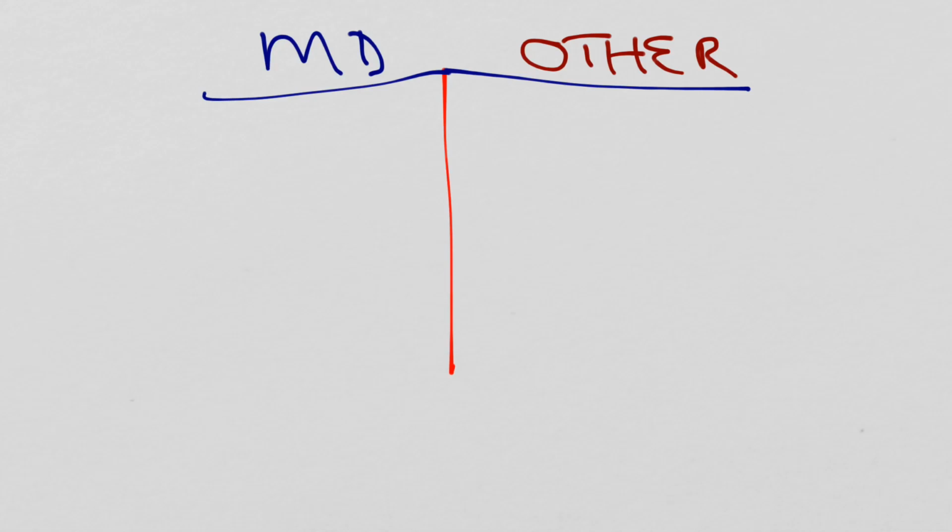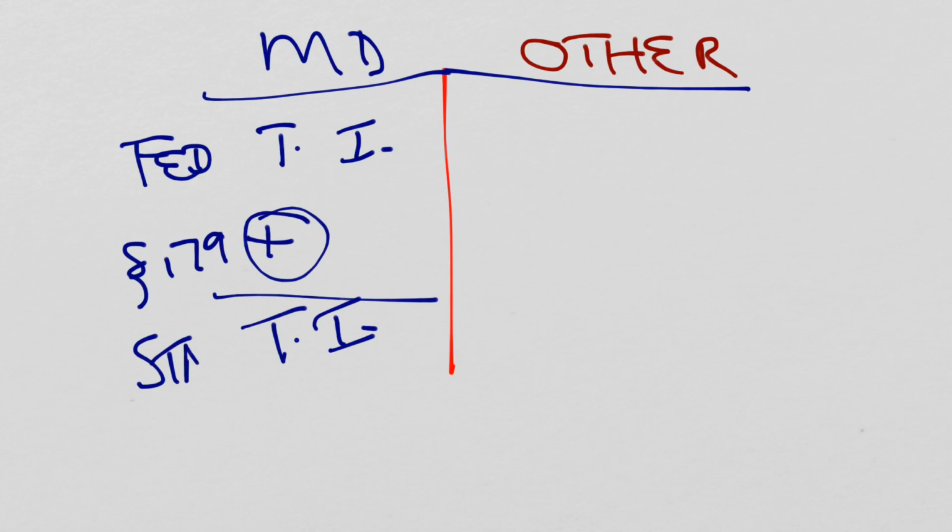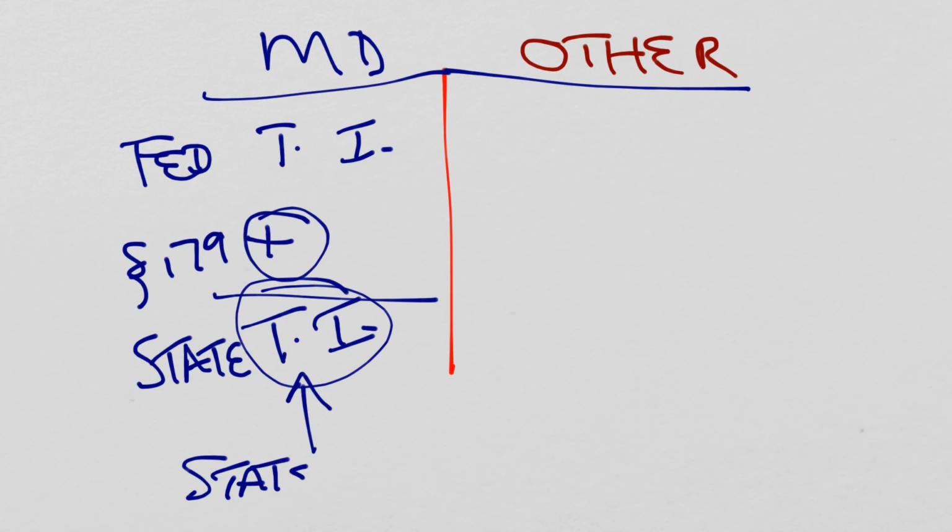But Maryland, for example, starts with the federal taxable income, whatever it might be, but then does not allow for Section 179 deductions, which is first year depreciation. So it's going to add those back. It'll add those back and come up to a modified taxable income for state purposes and tax that number. It'll apply the apportionment factor here to get the ultimate taxable income at the state level.